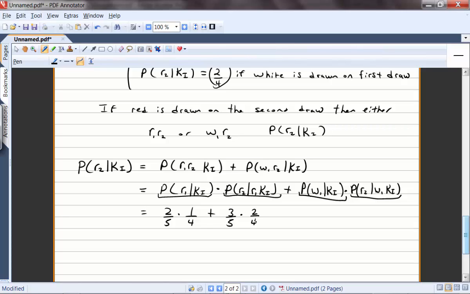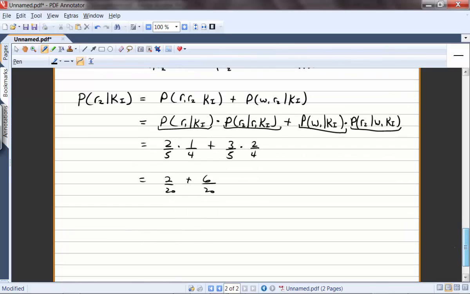So 2/4. And then this is 2/20 plus 6/20, 8/20, and that equals 2/5.